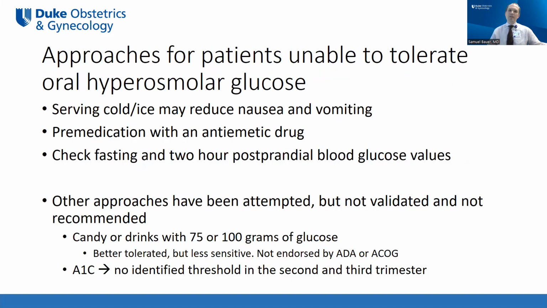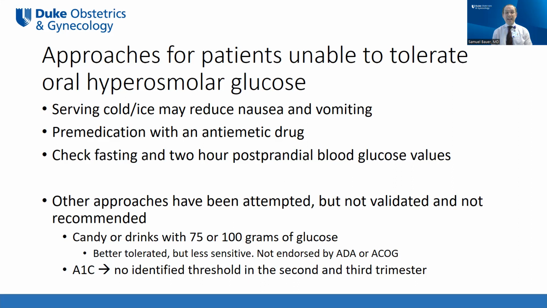Oftentimes it comes up, what are the approaches for patients when they're unable to tolerate an oral glucose load? Maybe they've had bariatric surgery, maybe they've had significant nausea and vomiting in the pregnancy. These are just some ideas of ways to help avoid that. One could be serving it cold or with ice to help reduce nausea and vomiting.